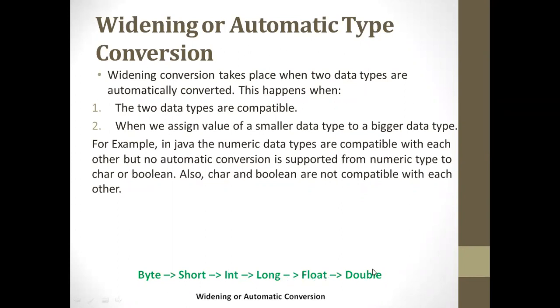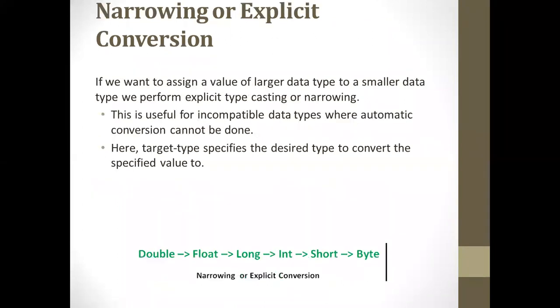That means if we want to convert to double, any of the previous data types can be easily and automatically converted to the double value, whether byte, short, int, long, or float. So that can be compatible with double. So this is regarding widening, or automatic type conversion.